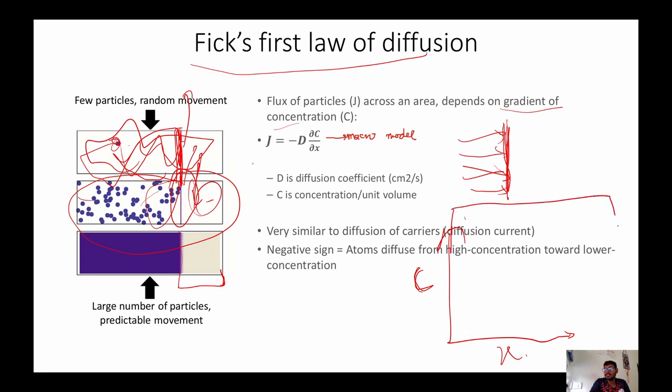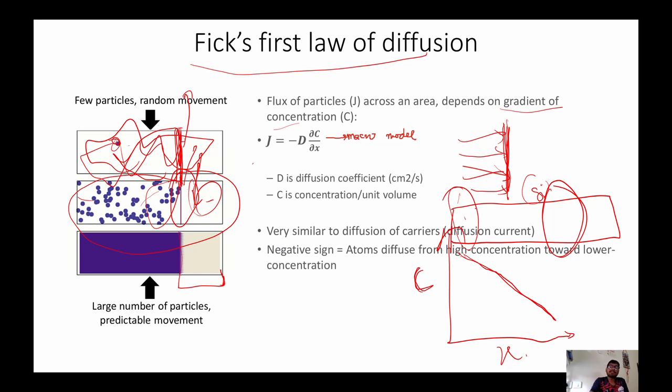Let us say this is the box, or the crystal of any element, a silicon crystal. Let us say the impurity atom boron: the concentration of boron inside this silicon follows this line. So concentration is higher at this end, and lower at this position.